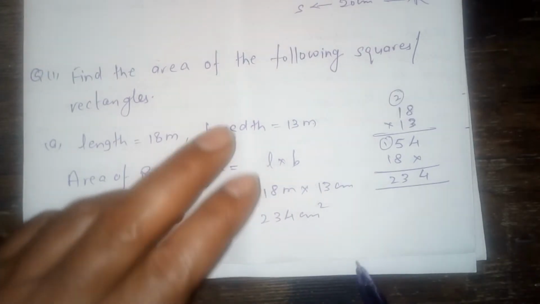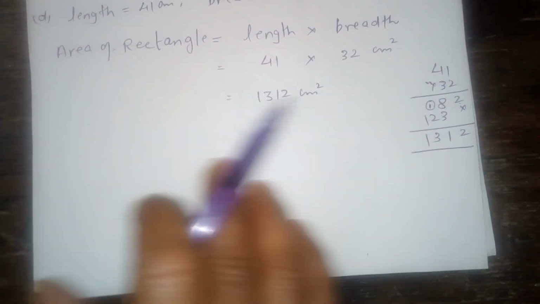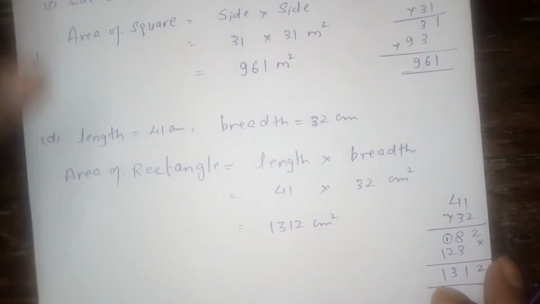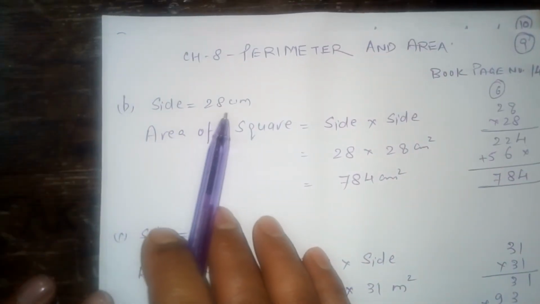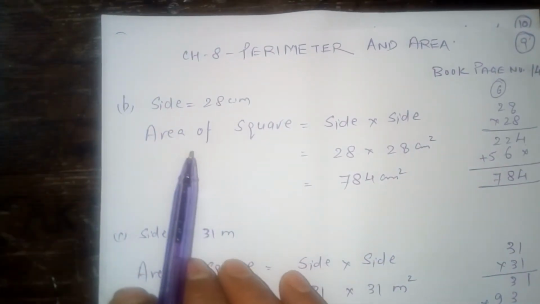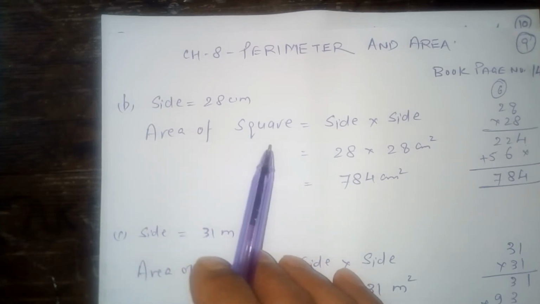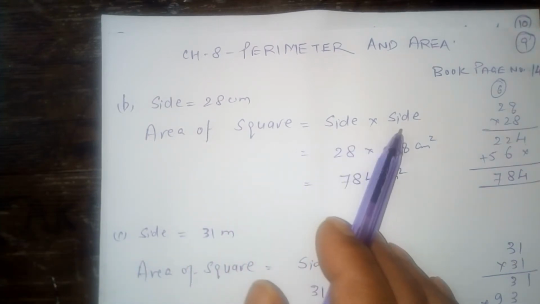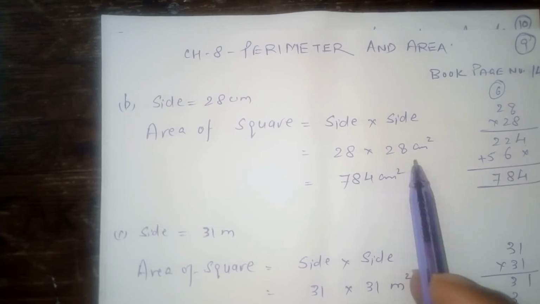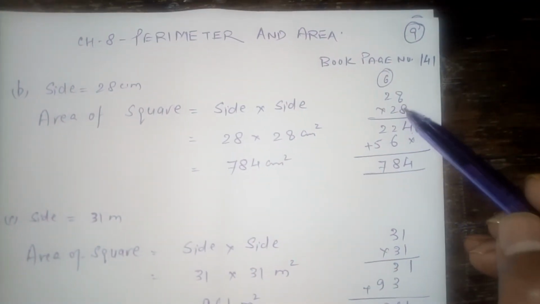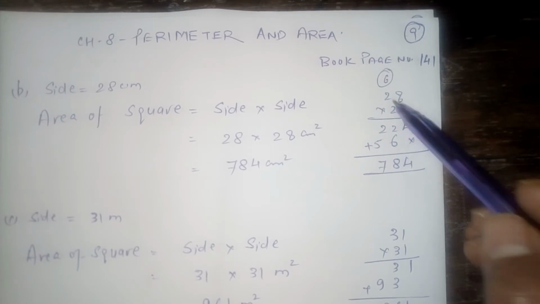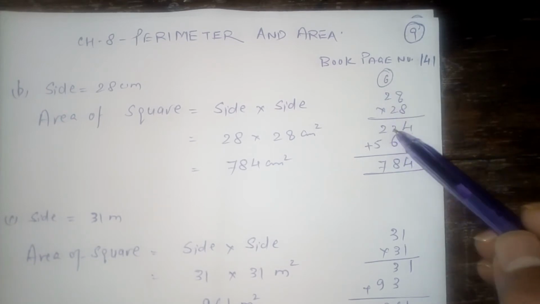Okay, my dear students, your other question is that the side is 28 centimeter. In this question we will find the area of the square, which is equal to side into side. So 28 into 28. Now look here, what is the product? 8 times 8 is 64, this is 4, carry over is 6, 8 times 2 is 16, 16 plus 6 is 22.